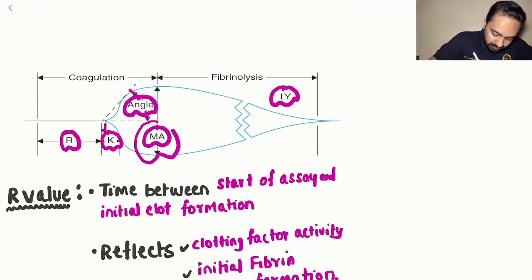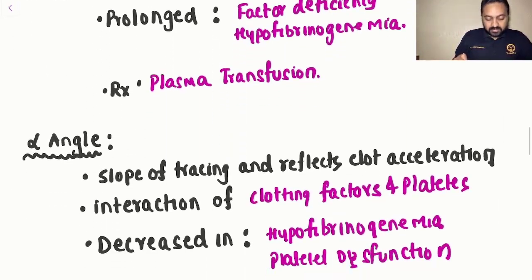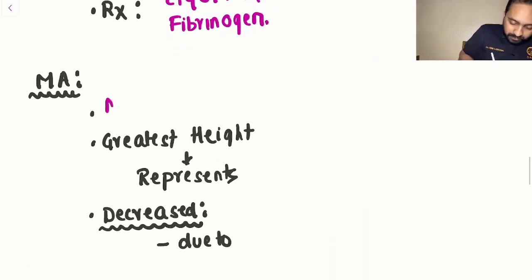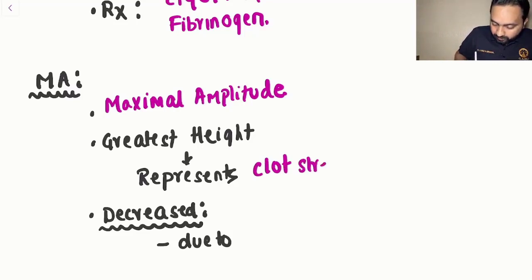Now if you can see over here, MA is your maximum height, right? So this is your maximal amplitude. Now this is your greatest height, which represents your clot strength.